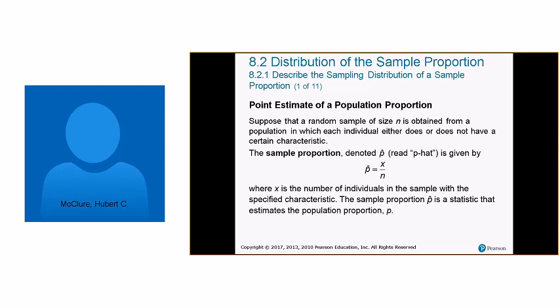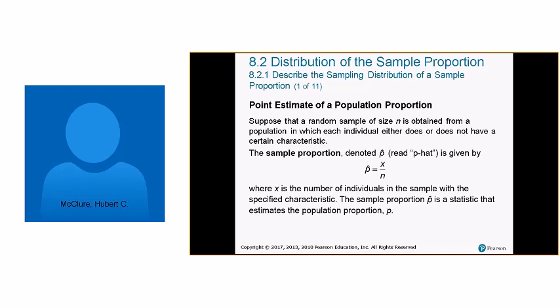Suppose that a random sample of size n is obtained from a population in which each individual either does or does not have a certain characteristic. A sample proportion, and I'm going to write this down, sample proportion, means sample fraction, is equal to p-hat.